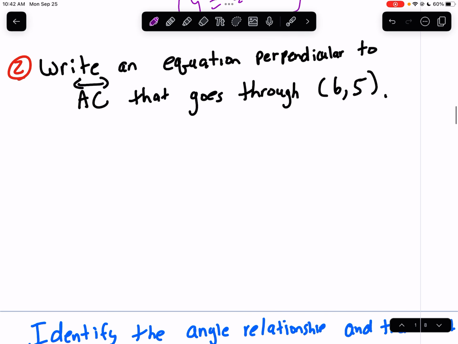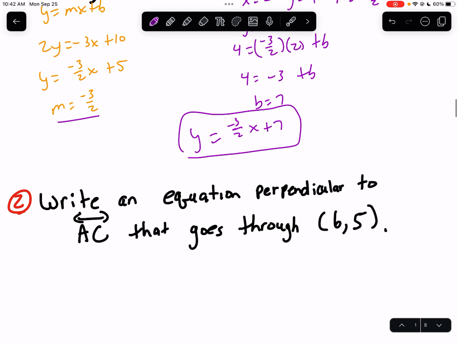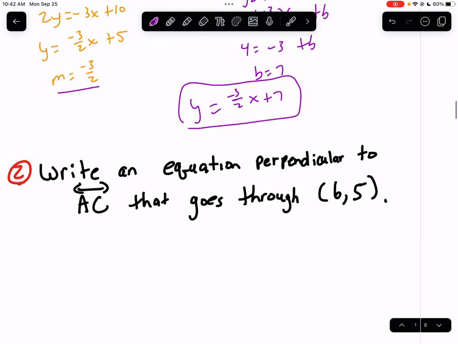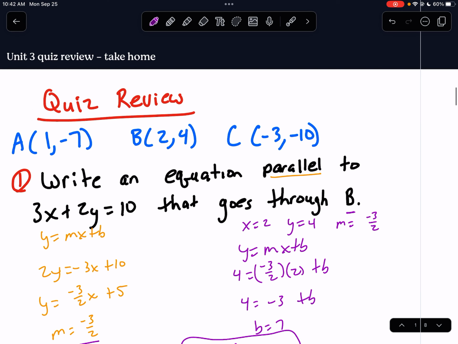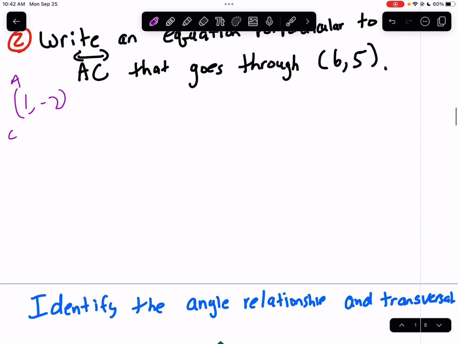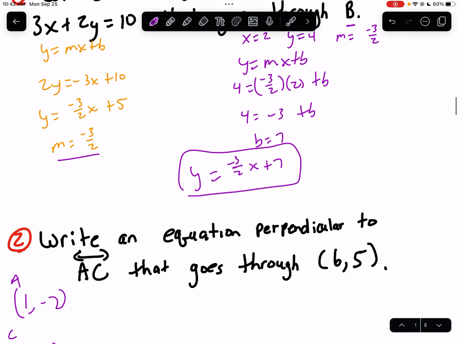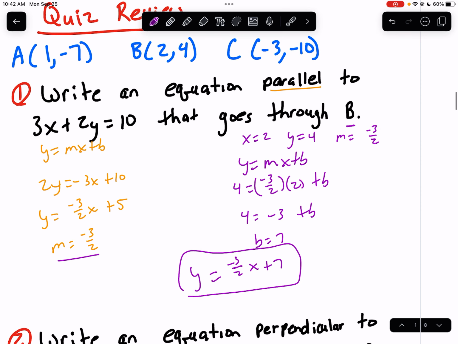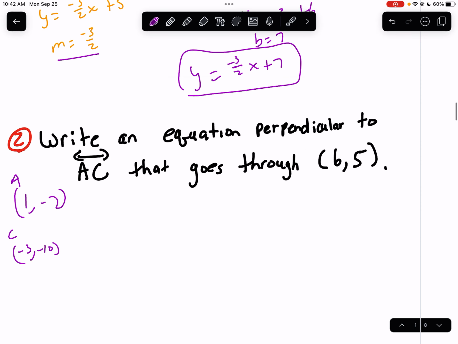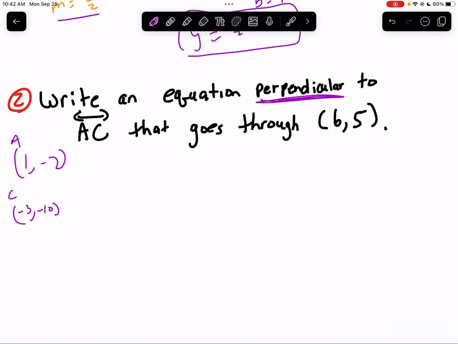Next one says write an equation perpendicular to AC. So I'm going to go look at AC real quick. That's A at 1 comma negative 7. And C is at negative 3, negative 10. Sorry, A and C: 1 comma negative 7 and negative 3, negative 10. And I need it to be perpendicular to that.